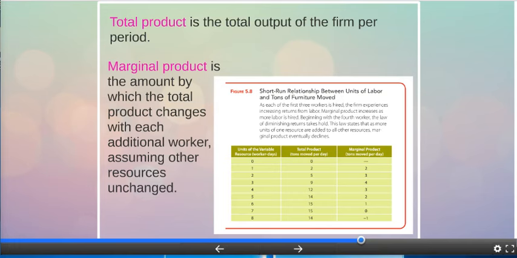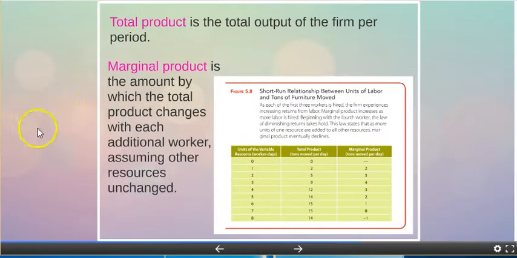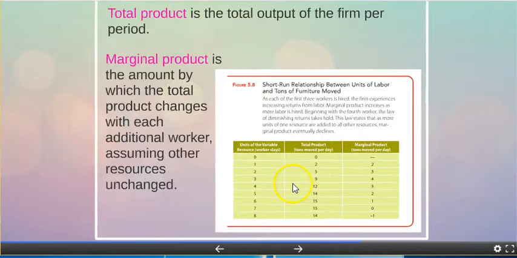Okay, total product. So without labor, nothing gets moved. So total product is 0 when no workers are hired. Okay, we're actually going to look at this.